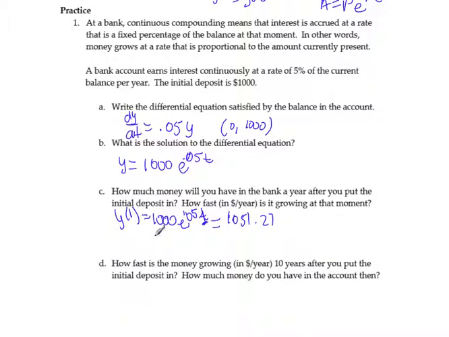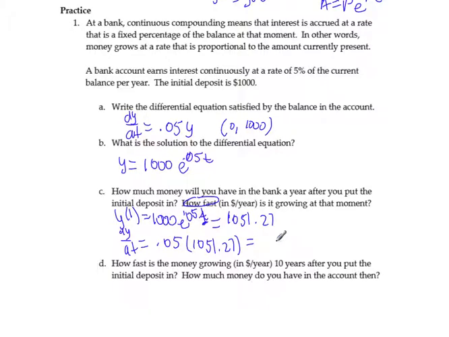How fast is it growing at that moment, right? How fast is making you think about dy/dt, right? Or the rate of change of your money, right? So let's see, dy/dt is what? Is 0.05, right? 5% of how much money you have at that moment. And how much money do you have at that moment? You have $1,051.27.